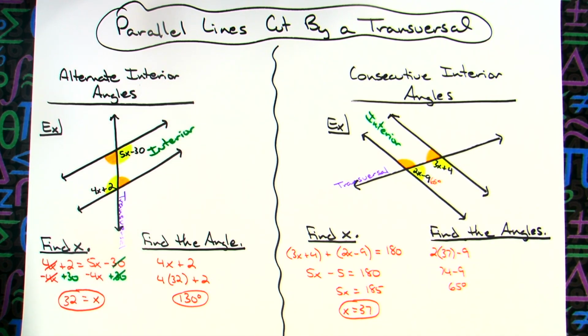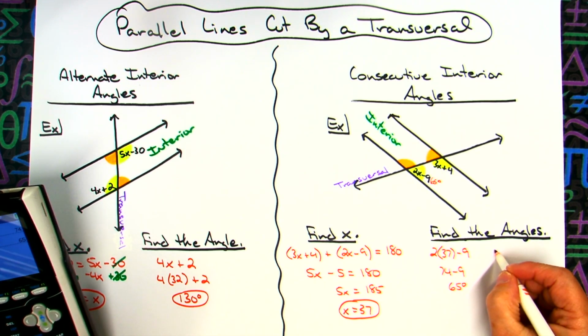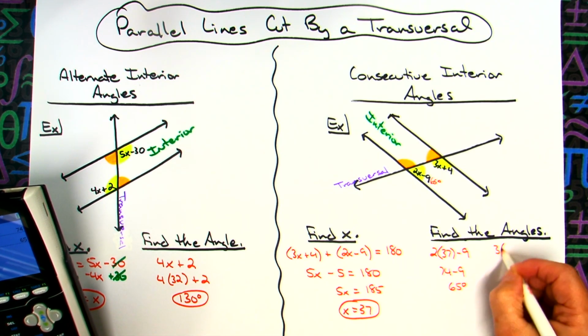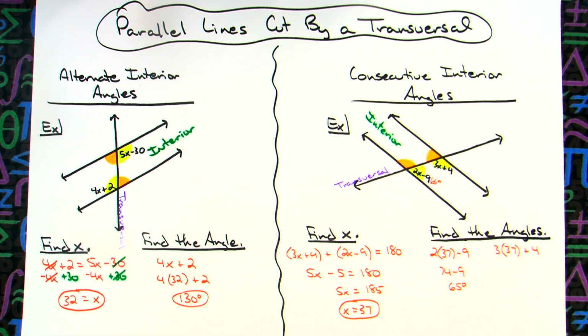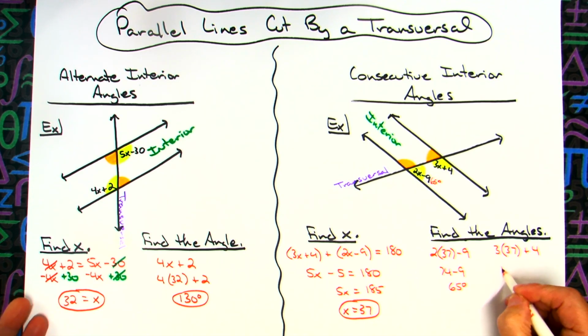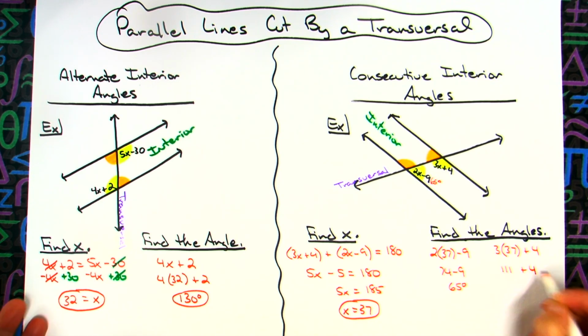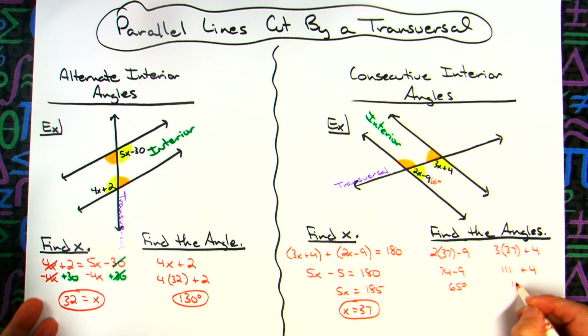Now, like I said, you can either plug in the 37 into the other one, or you could subtract from 180. I'm going to go ahead and choose to plug it in. So we'll have 3 times 37, and then plus 4. 37 times 3 is going to be 111, plus 4 more is going to be 115.